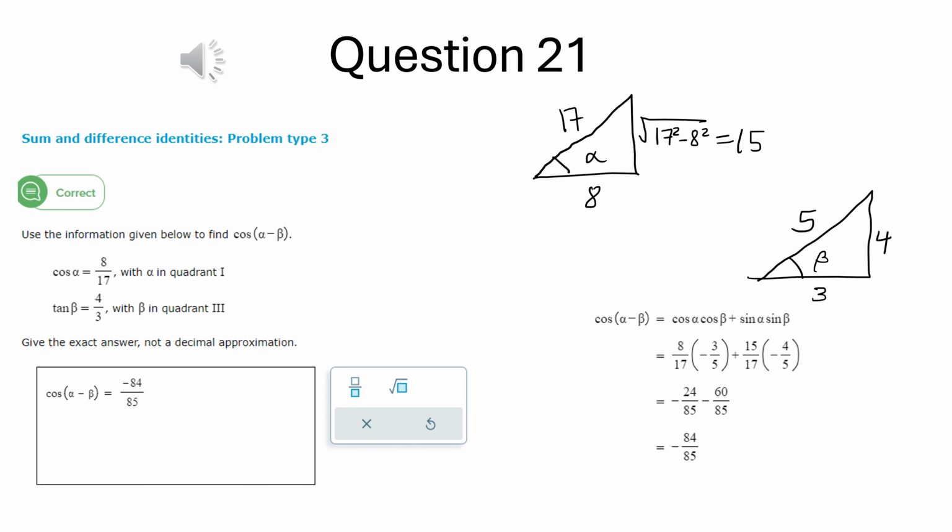And in the beta part, cosine beta is 3/5, but negative, because beta, remember, lies in the third quadrant. And sine beta is negative 4/5, so opposite over hypotenuse, negative. The rest is arithmetic, multiplication and subtraction.